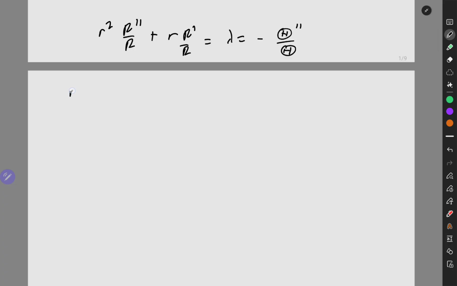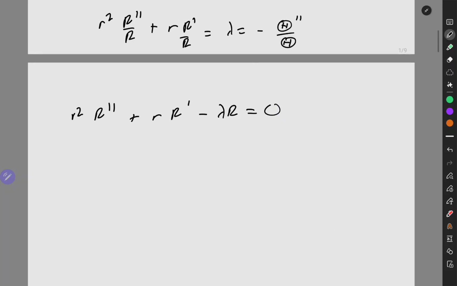Multiplying the whole thing by R, and moving this over, we get r squared R double prime plus r R prime minus lambda R equals 0.